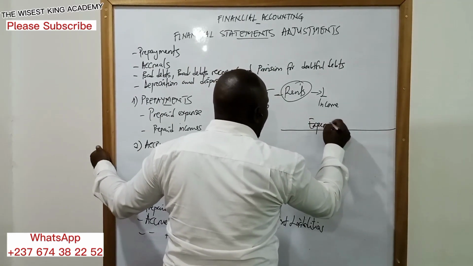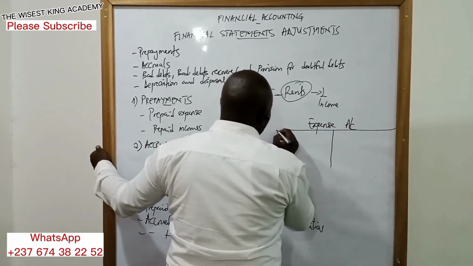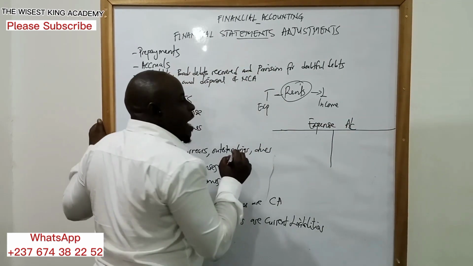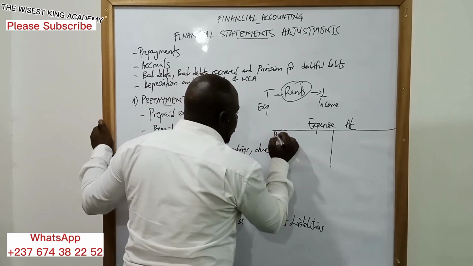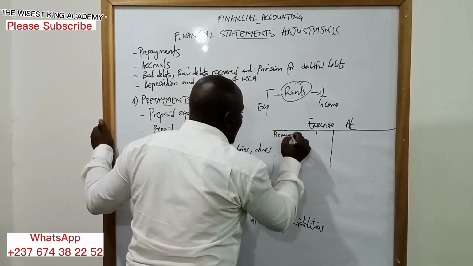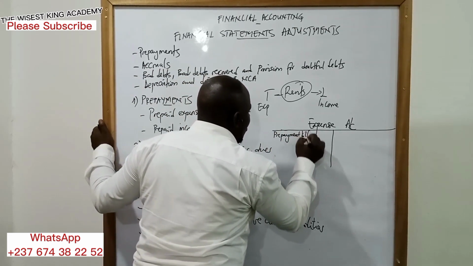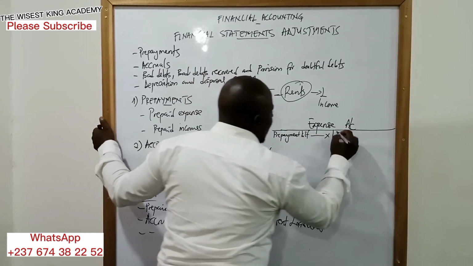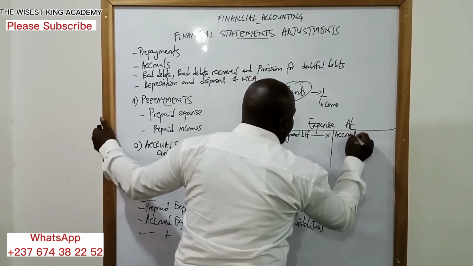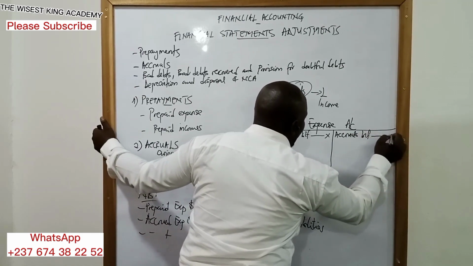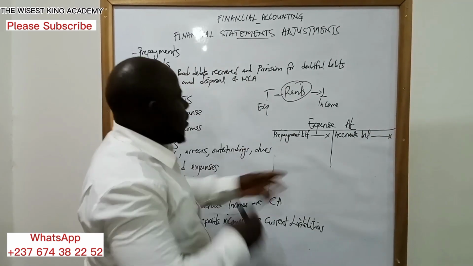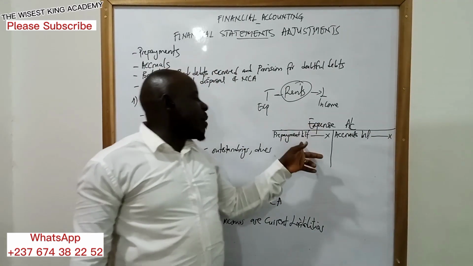This is an expense account. Now, if we have prepayment at the beginning of the period, we have a prepayment brought forward, and accruals or owings brought forward. Why are expenses prepaid debited?